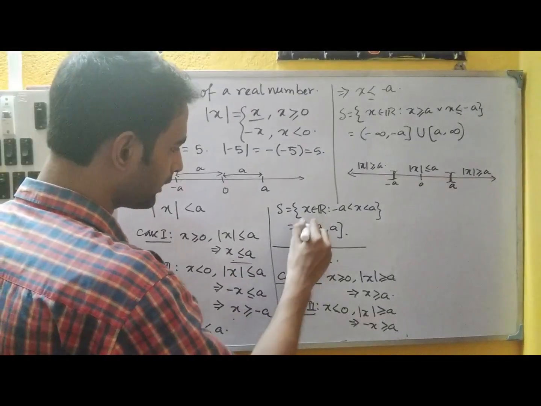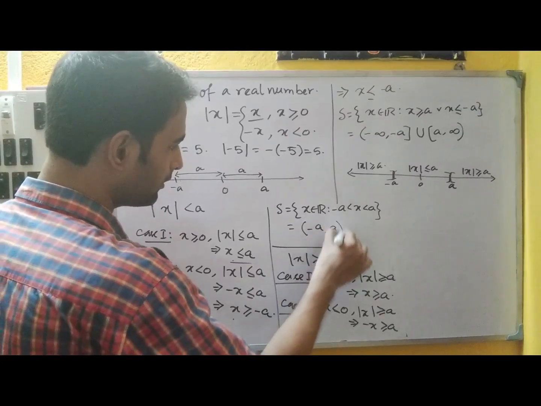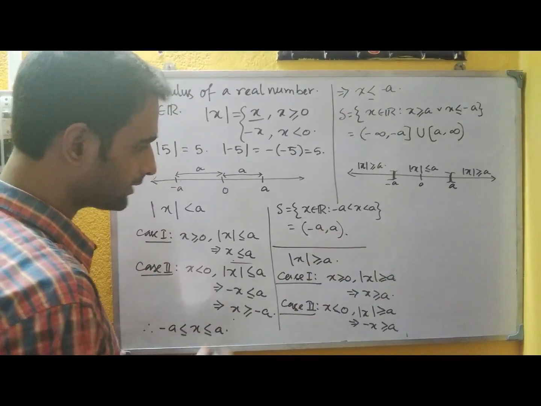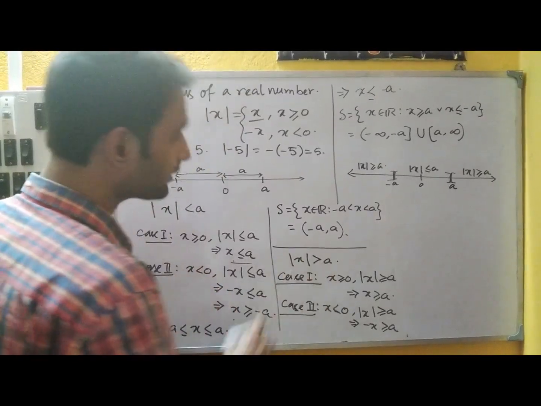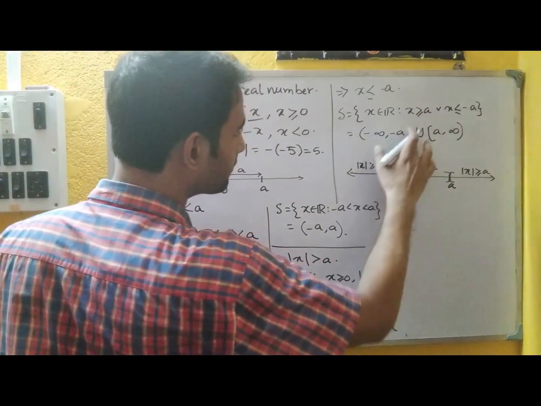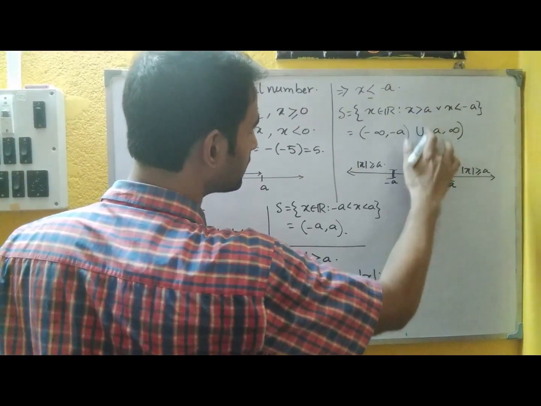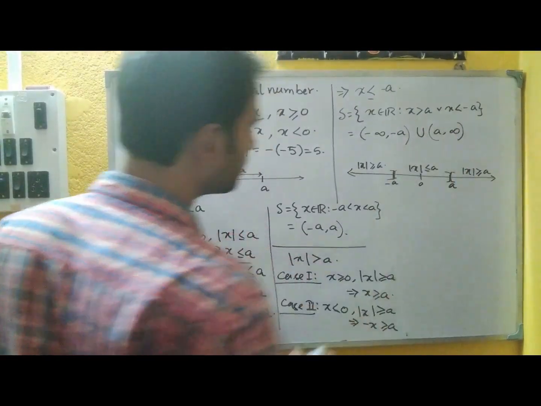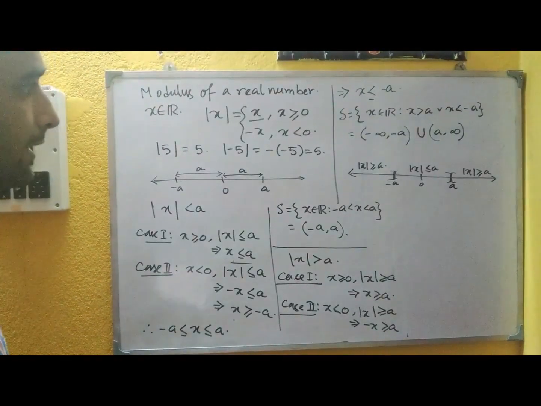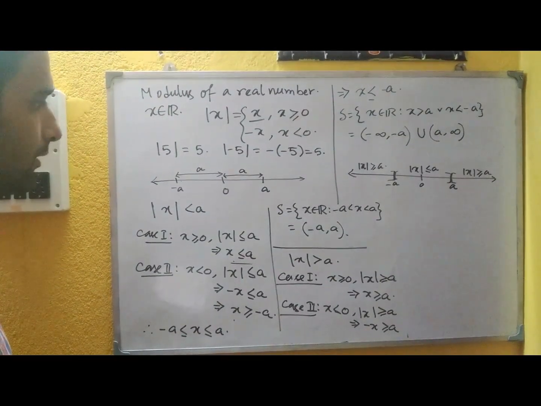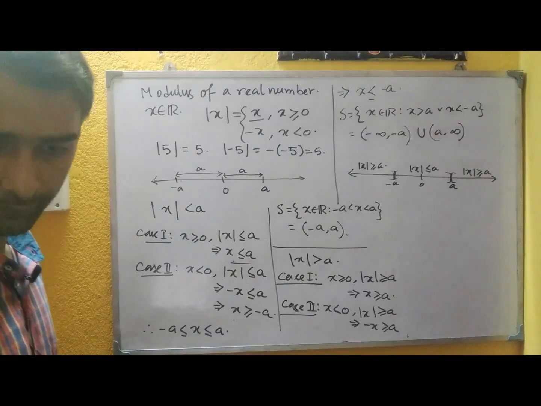So the third bracket will be changed to the first bracket. And similarly, if it is greater than a, then these third brackets should be replaced with the first bracket. So these will be open intervals and open rays. So that's how we get the solutions here.